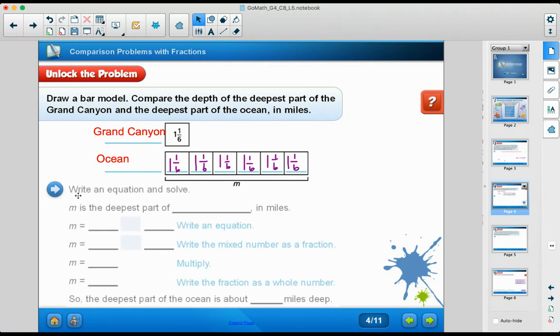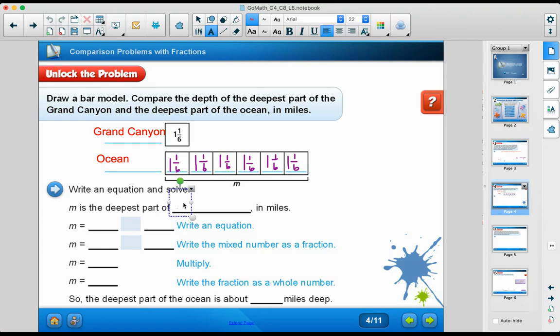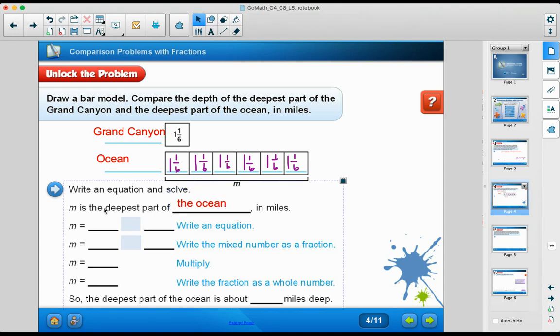Let's see. Write an equation to solve. M is the deepest part of the ocean in miles. M equals 6 times 1 1/6.